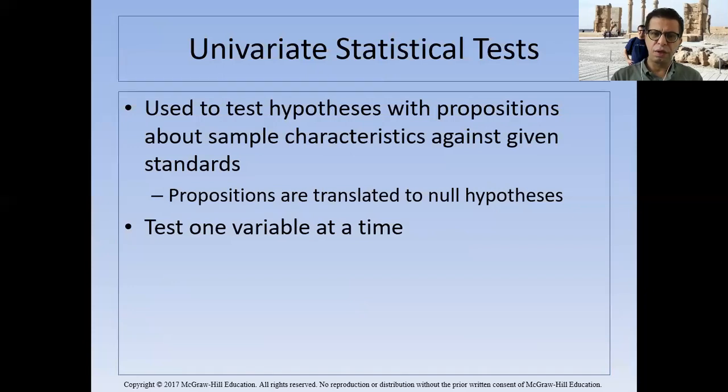Now, a hypothesis test is basically a univariate statistical test used to test a proposition about a sample characteristic against a given standard. So you test one variable at a time.